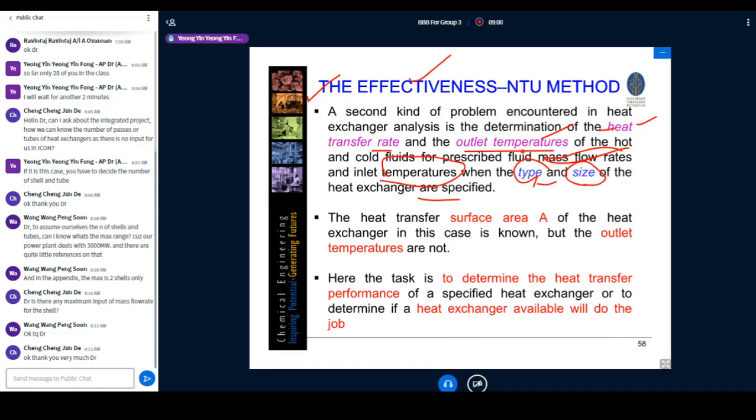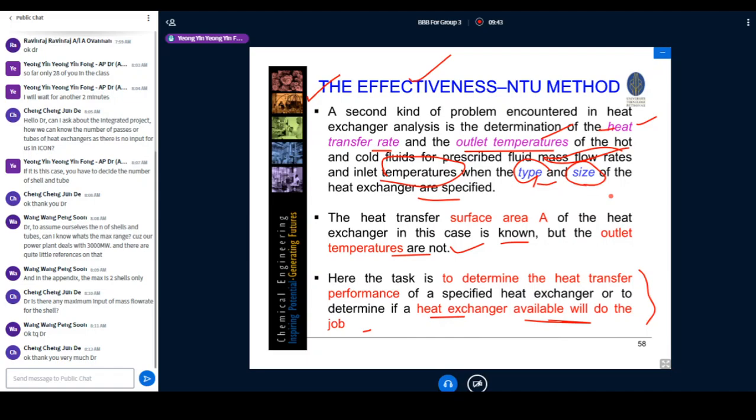Here, the task is to determine the heat transfer performance of a specific heat exchanger, or to determine if the heat exchanger available will do the job or not, whether it can cool that fluid from a particular temperature to the targeted temperature. You want to see whether by using this heat exchanger, whereby we know the size, it can achieve the targeted outlet temperatures or not.